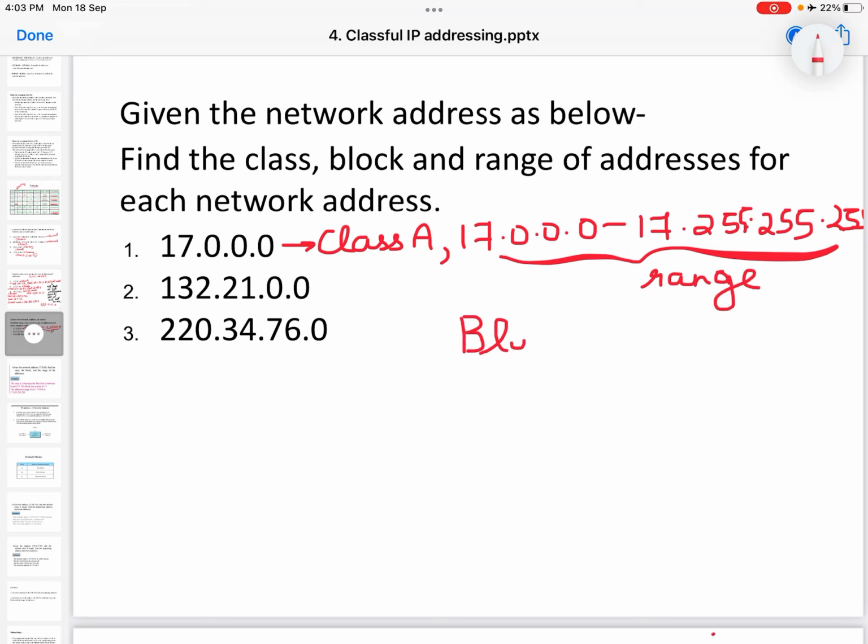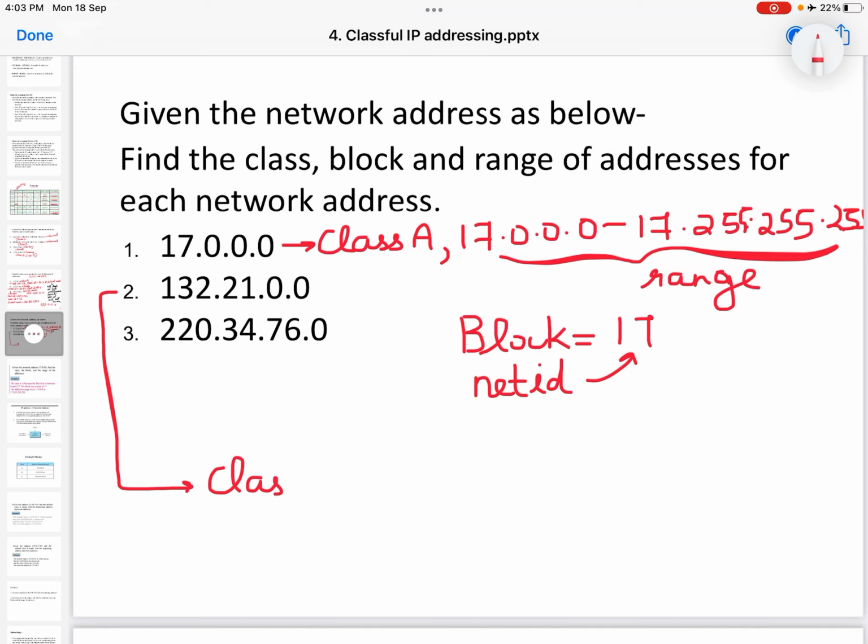And block is 17. What is the block? Block is your net ID. For this, class is B because it lies between 128 and 191.